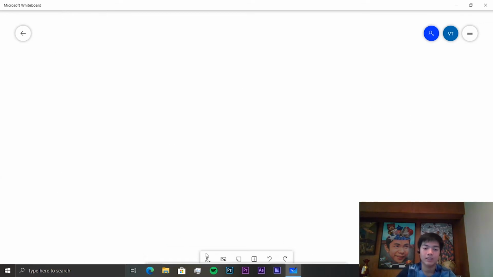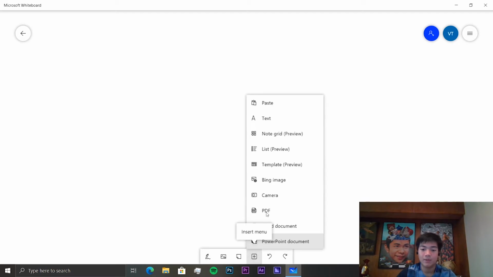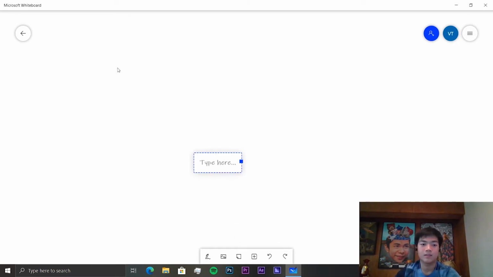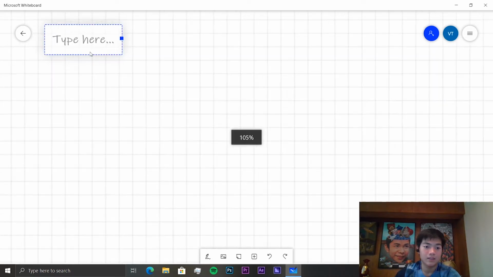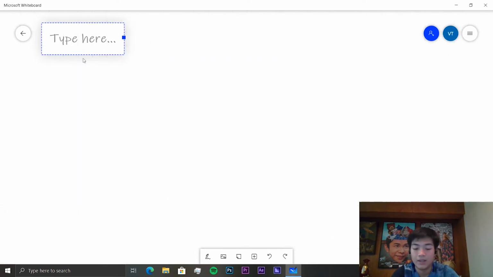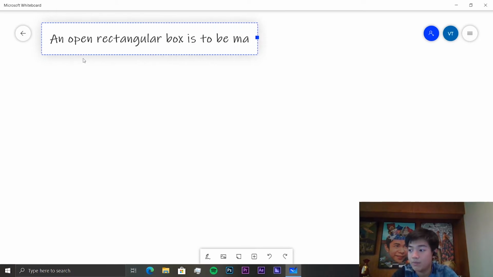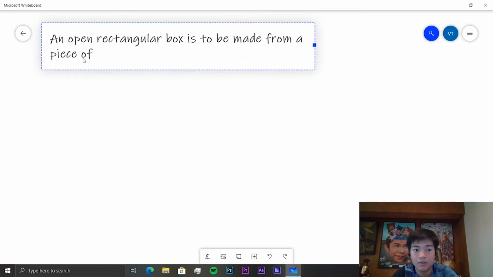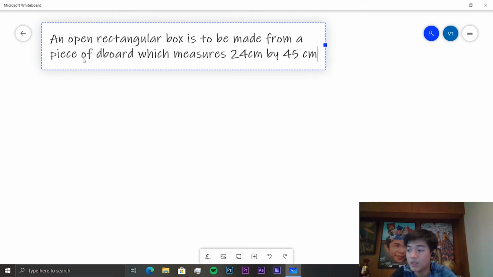And the next question is about this. So we have an open rectangular box to be made from a piece of cardboard which measures 24 cm by 45 cm.